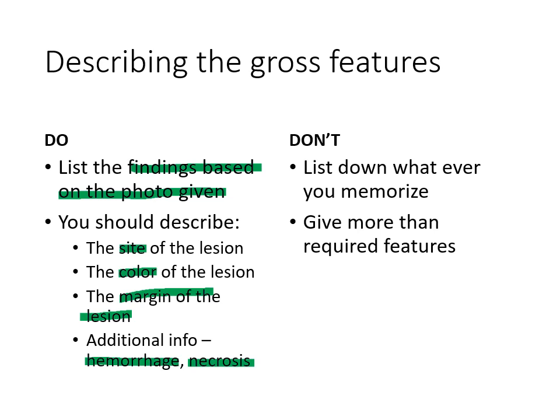If the component asks for 3 gross features, you should answer with the 3 most striking features that you can see in the photos. If you list 4, the last one usually won't be counted even though it is a correct answer.